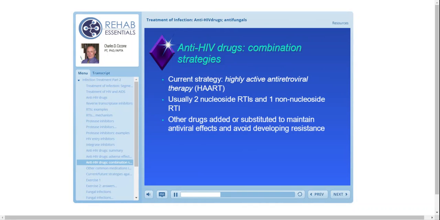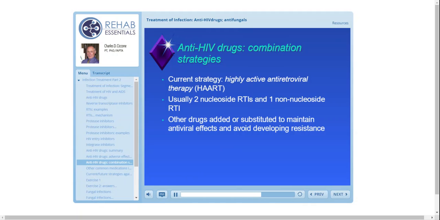And other drugs are certainly added or substituted to first of all maintain the antiviral effects, but also to avoid resistance. If you keep throwing the same drugs at the virus over and over again, and we hear a lot about how this virus often mutates, there's simply more of a chance that that virus will become resistant to that drug regimen.